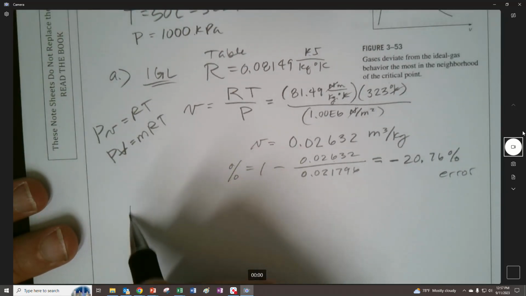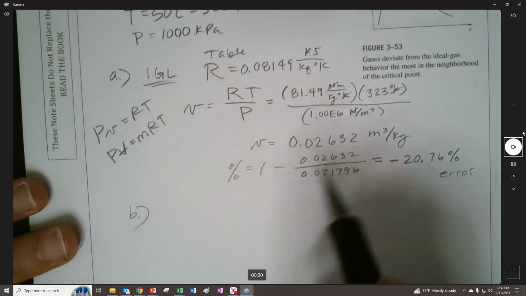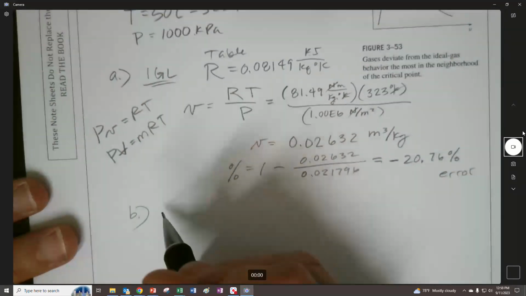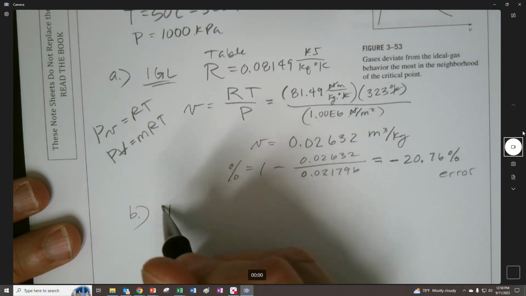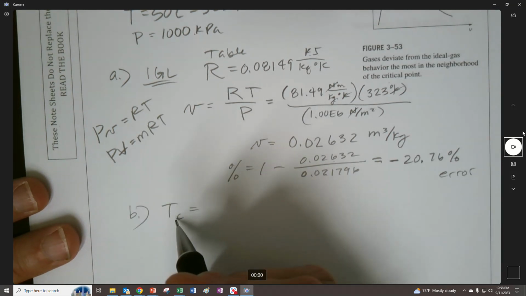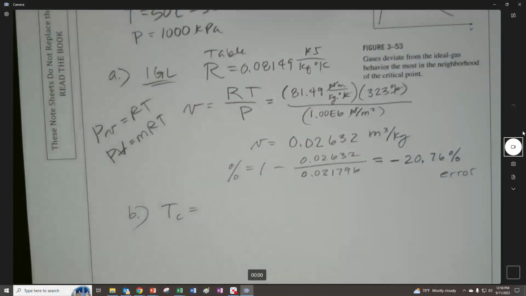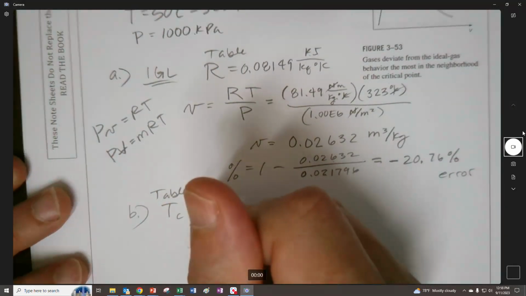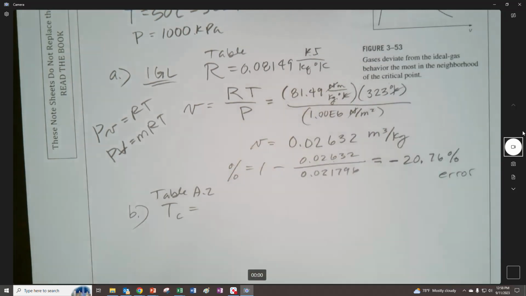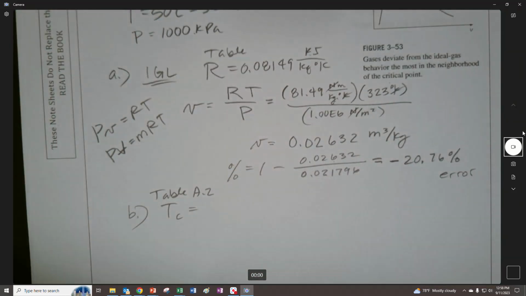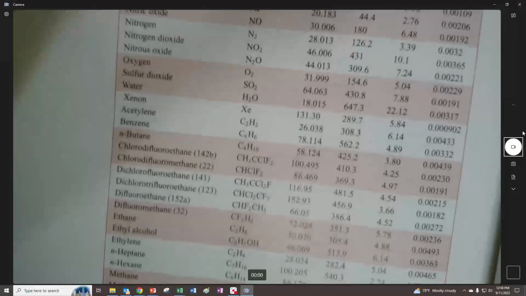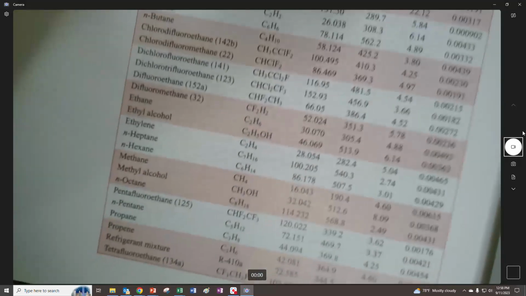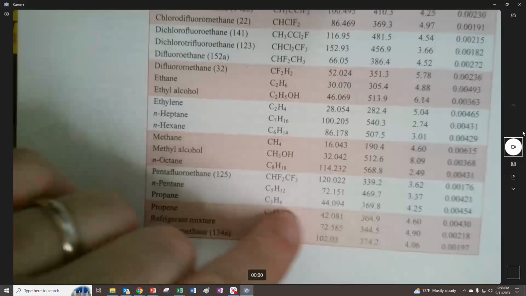So let's go to the other method. What we're going to need is to use the generalized tables. So we need the critical temperature, and I need to write what table I use. We're going to use A.2, and A.2 for that refrigerant is all the way down to the bottom.